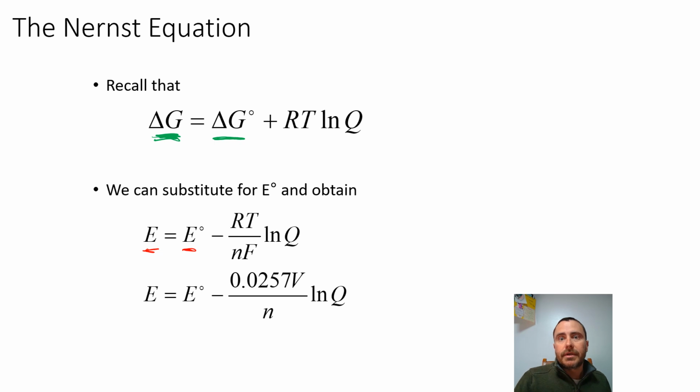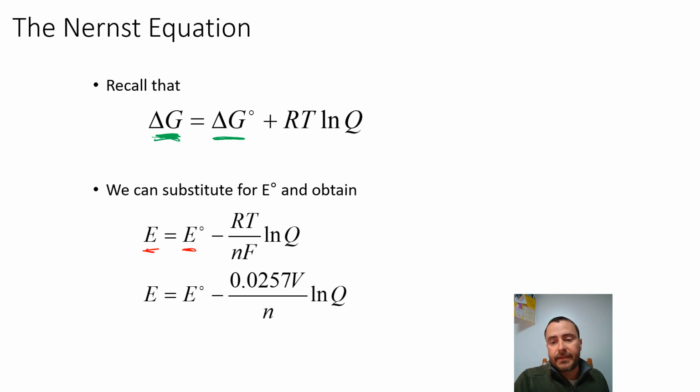Remember that our standard voltage is equal to RT over NF times the natural log of K. So when we rearrange that to look a lot like our Gibbs free energy change one at the top, we get that equation there. And that's our Nernst equation.